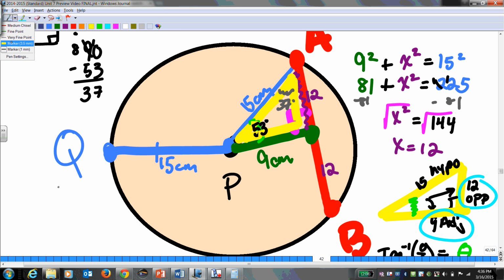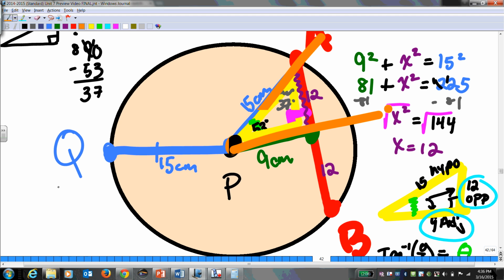Because that 53 is connected to the center, so you can create a central angle. And that's 53 degrees. And that means the arc from here to here has to be 53 degrees.